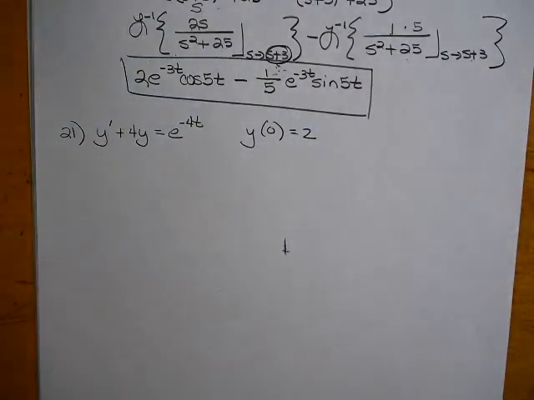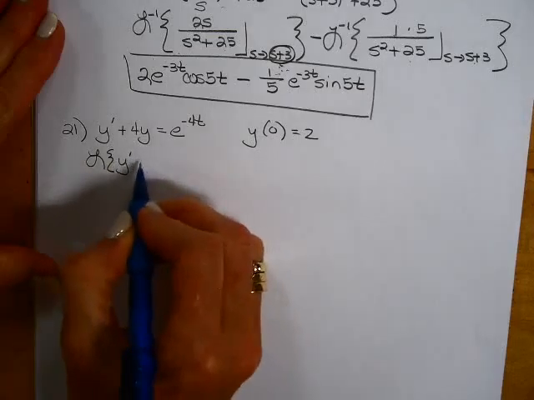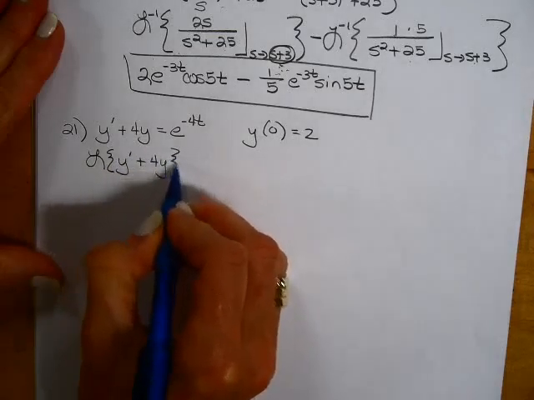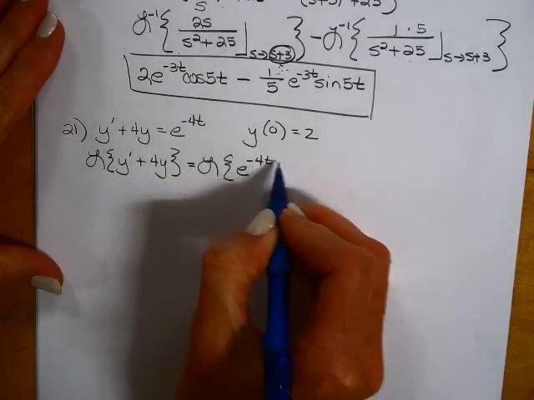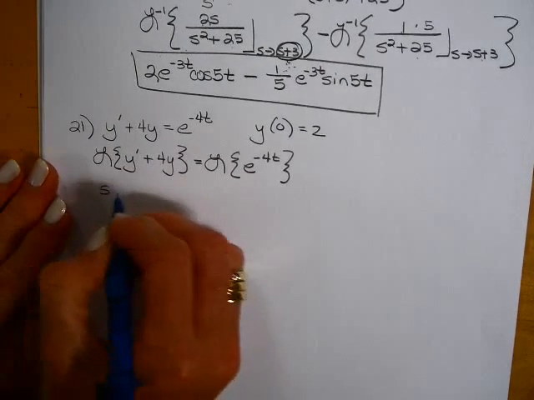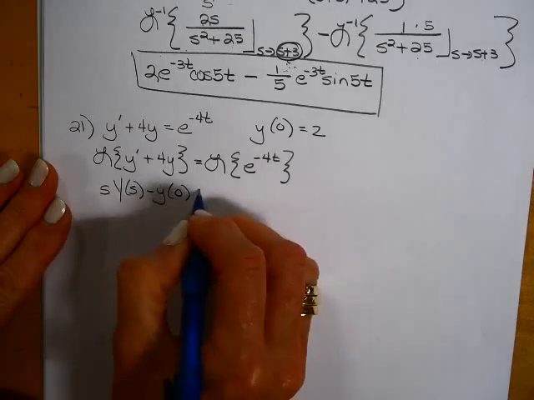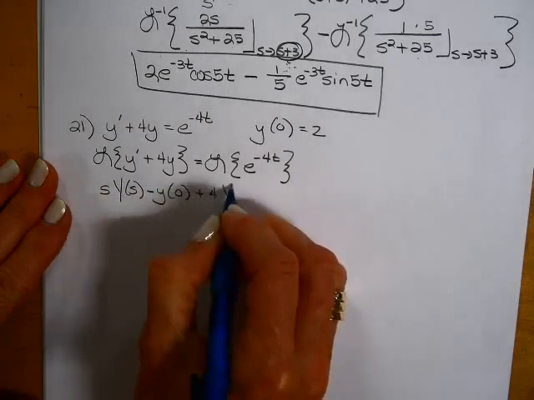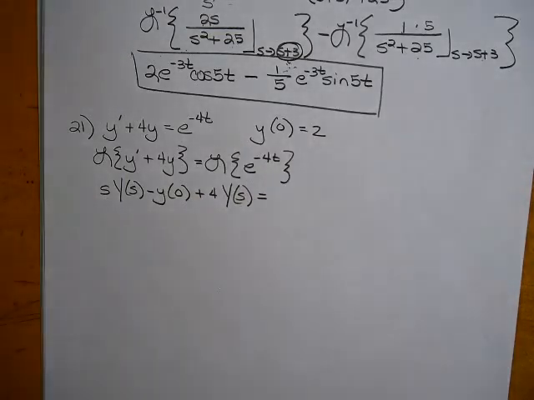And what did I do with all my formulas? Here they are. Okay, so I'm taking the Laplace transform of y prime plus 4y equals the Laplace transform of e to the negative 4t. So the Laplace transform of y prime is s y of s minus y of 0, plus 4y of s equals the Laplace transform of e to the negative 4t.